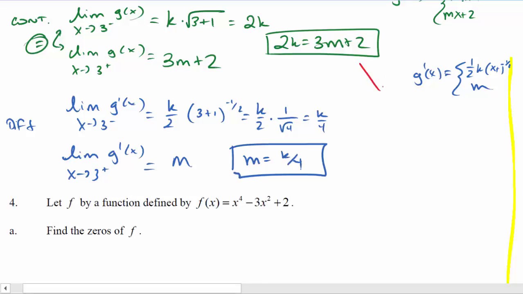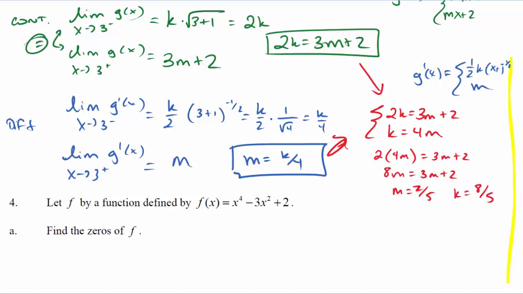I use both of these two in a system. I'm going to leave 2k equals 3m plus 2. But the other one, I just don't like fractions, so I'm going to multiply the 4 over. I'm going to say k is equal to 4m. I'm going to leave you with the algebra here, but with a little bit of magic, we can see that m equals 2/5 and k equals 8/5.